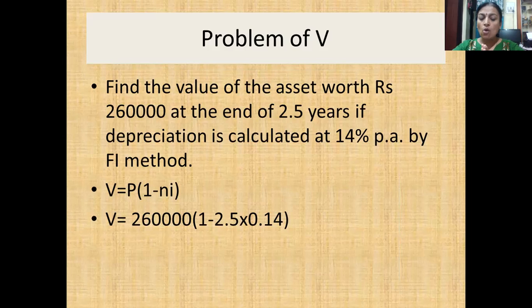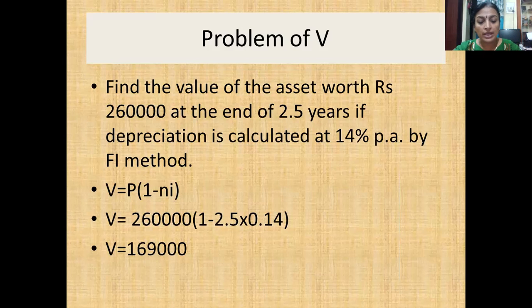So now our work is 2.5 into 0.14. Whatever answer we get, it should be deducted from 1. So first you have to do the NI, then go for 1 minus NI. Don't go with 1 minus N, here it is against the formula. The formula says go for NI first, that is N into I, then 1 minus that NI value.